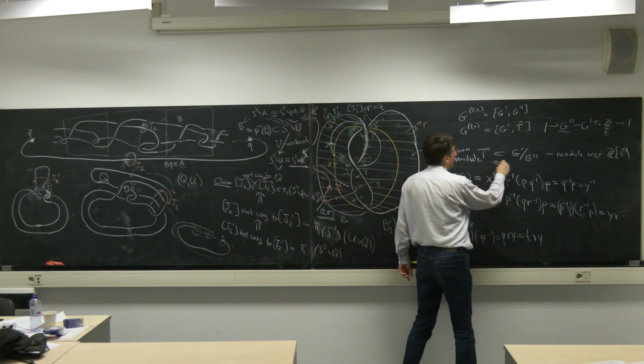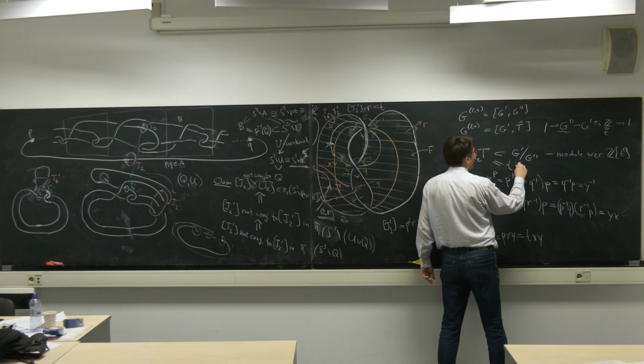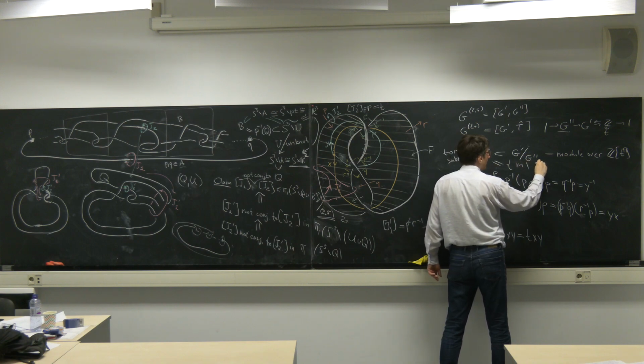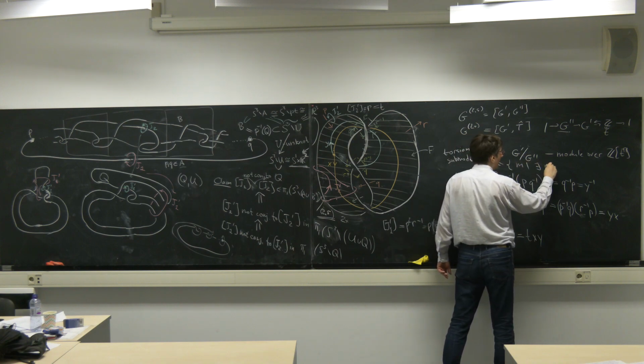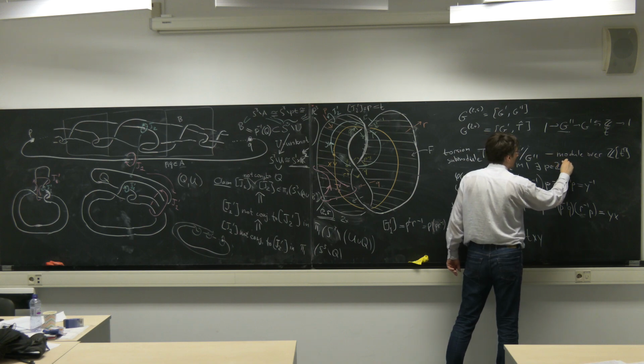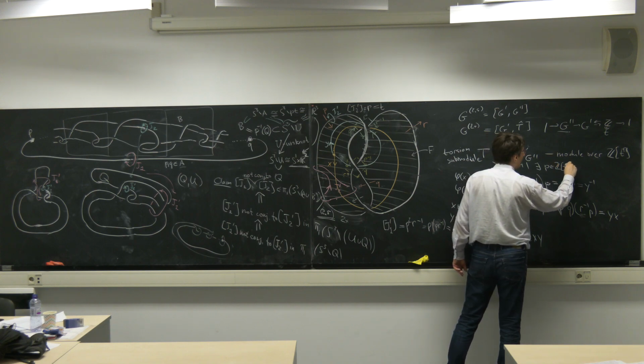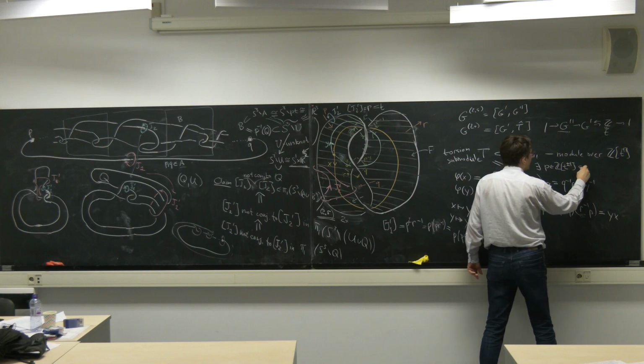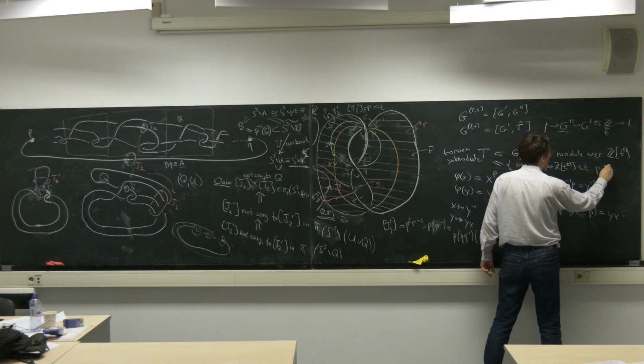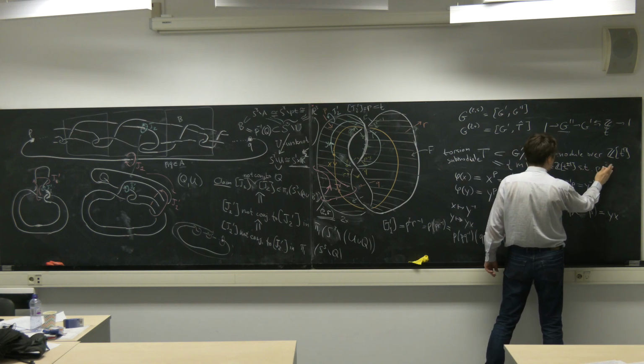So T is the set of all M, such that there exists a Laurent polynomial P, such that P dot M equals 0.